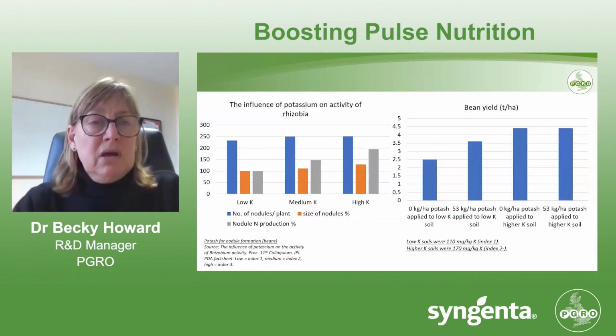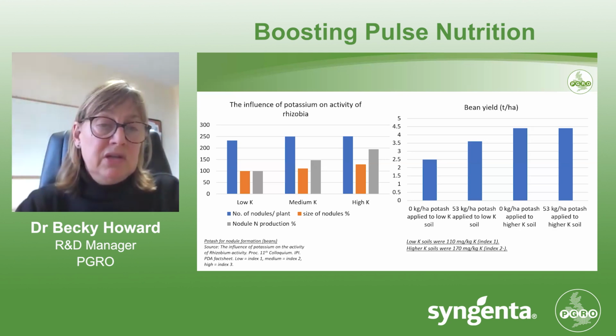So work has been done looking at the influence of potash on activity of rhizobia. So we're looking here at soil potash, and we've got a comparison between a low K soil, medium K soil and high K soil, and that's an index of 1, 2 and 3.